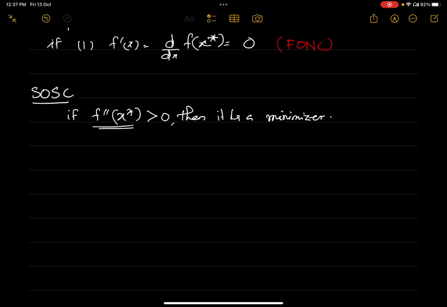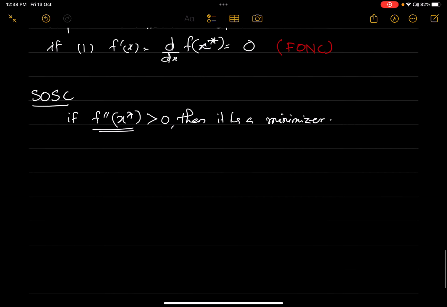We have seen the case of the function f of x equal to x raised to 4. Its minimum point is at x equal to 0, but it does not satisfy the second order test. So this is the second order sufficiency condition for a minimizer.